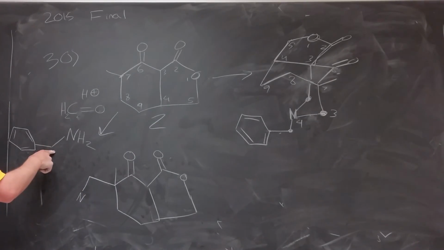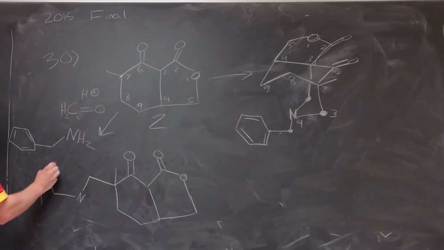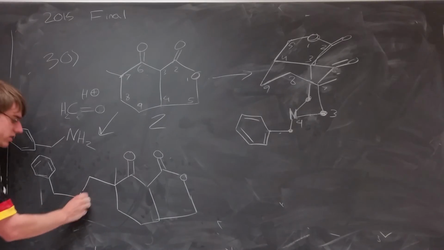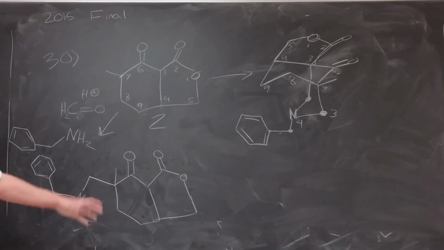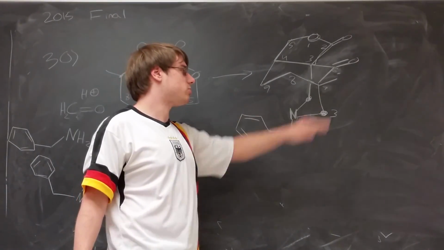That nitrogen has 1 carbon and then a benzene. And then it just needs the appropriate number of hydrogens to be neutral. So this would be the result after 1 Mannich, but we seem to be wanting to make a 6-member ring.